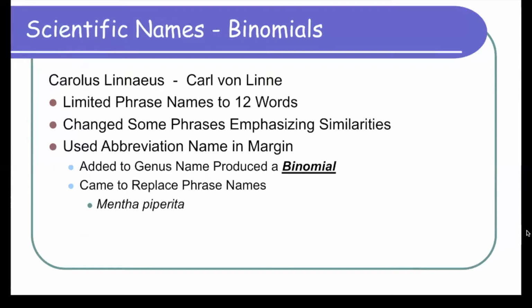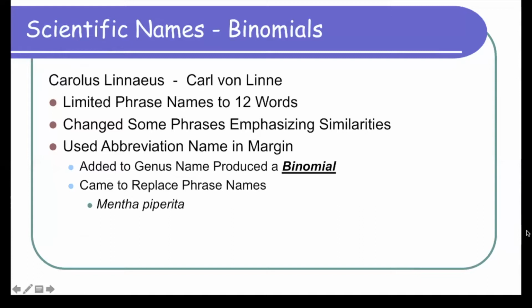To limit that long list of words in scientific names, instead of having 6, maybe having just 2, the genus and species, we can thank Carolus Linnaeus or Carl von Linné. He was a Swedish botanist, physician, and zoologist who formalized binomial nomenclature back in the 1700s, and he was also known as the father of taxonomy.